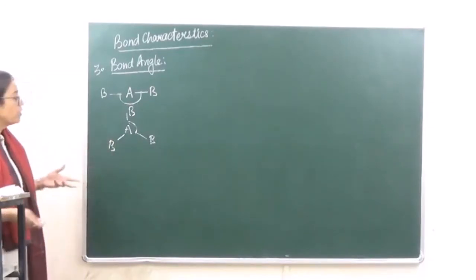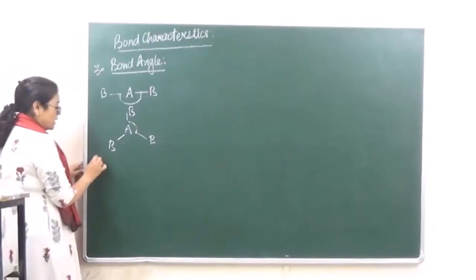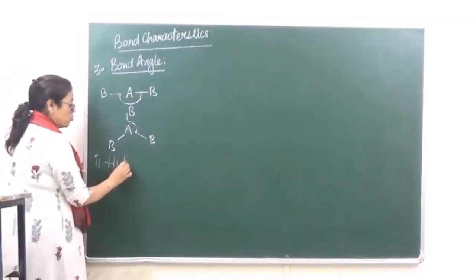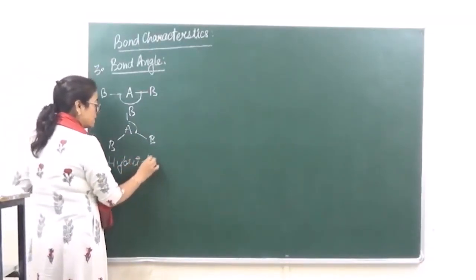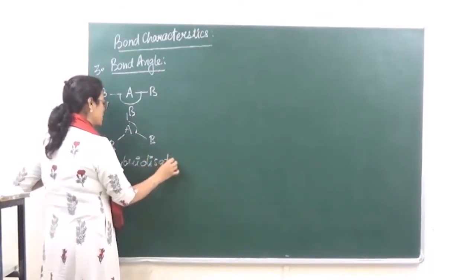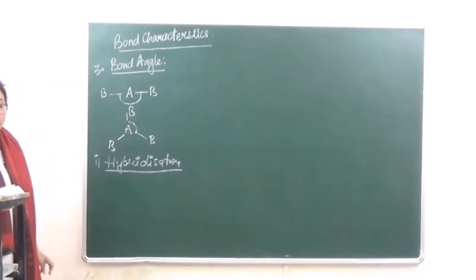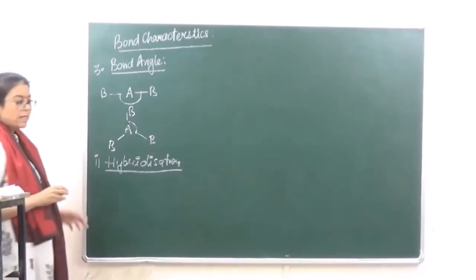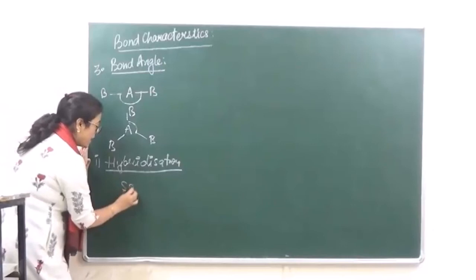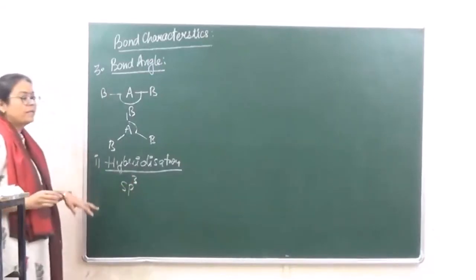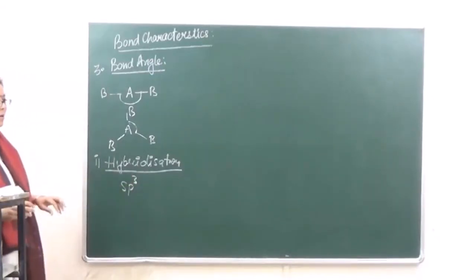Okay, now when we're talking of bond angle, what are the factors which are going to affect the bond angle? The first factor, that is hybridization. In case of hybridization, it is seen that bond angle increases with increase in S character.